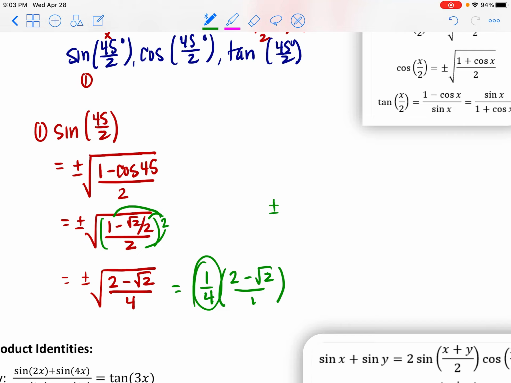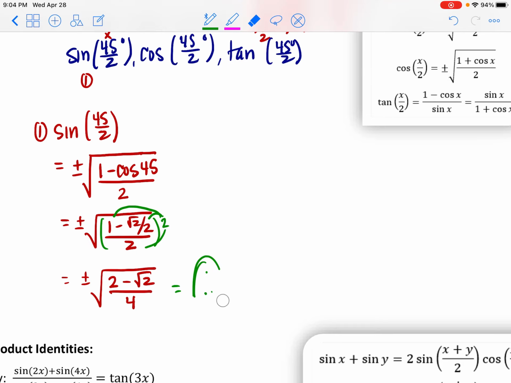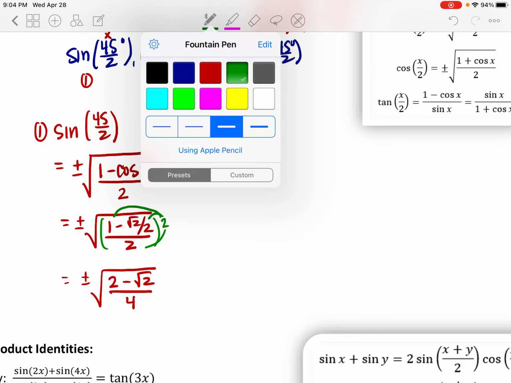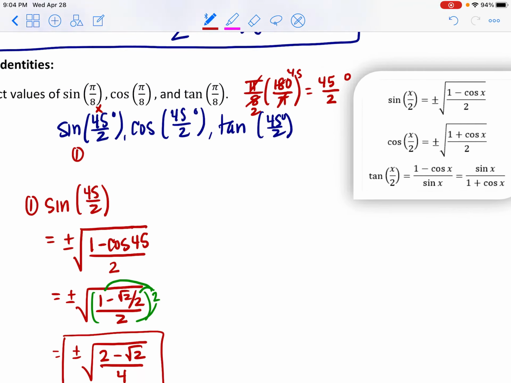So then I would have plus or minus 1/2 on the outside of the square root of 2 minus radical 2. Now to me, this does not look much better than this, so I don't see the point in really taking it that far. But if you see those things and you want to keep going, you totally could. I'm going to stop it there and say this is the exact value for the sine of 45 over 2, which was pi over 8.